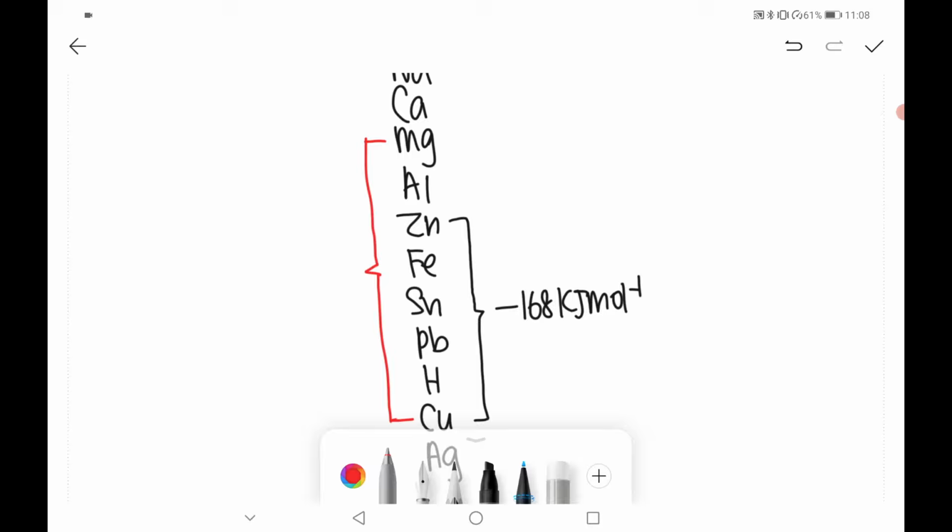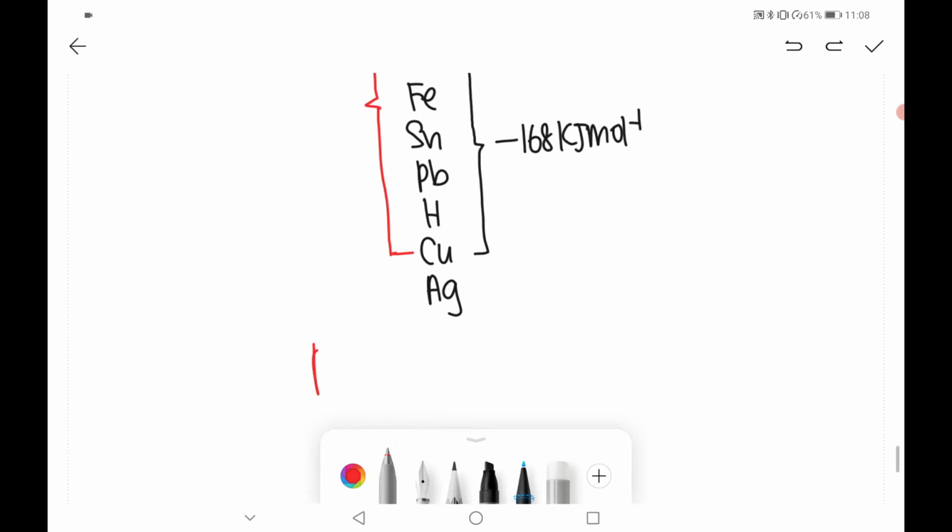So if the gap becomes bigger, what will happen to the heat of displacement? The bigger the gap, the greater the distance, the greater the heat of displacement. A simple thing to remember: big gap, big energy. If the gap is bigger, the energy is more.